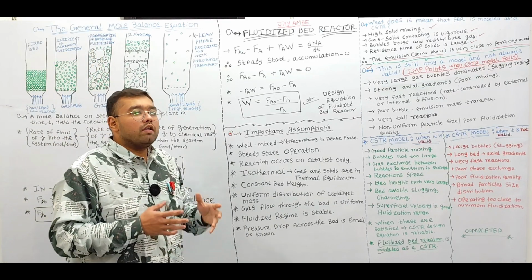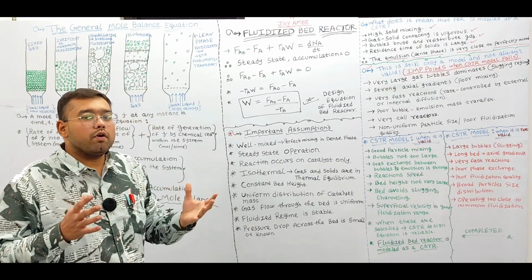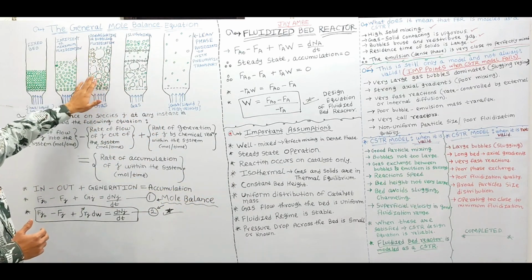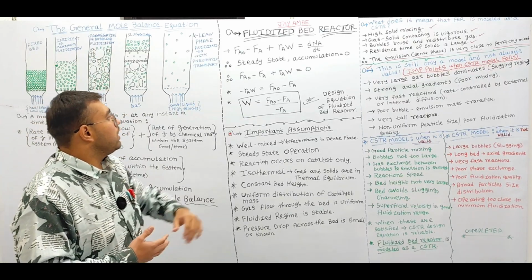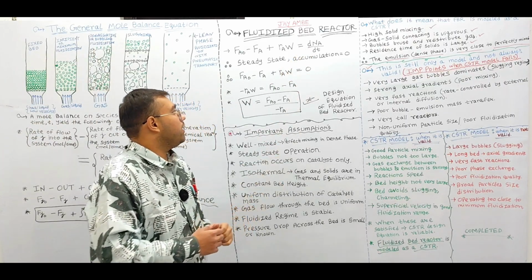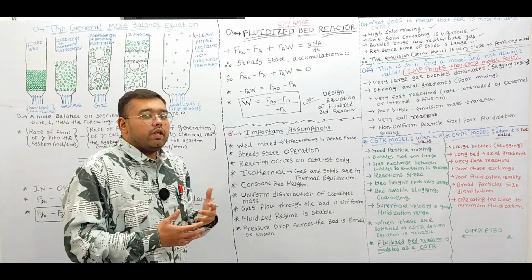During the progress of time, the reactants will get consumed, will disappear from the reaction environment, and will get transformed into new products. This is equal to dNA by dt, which represents the accumulation term.